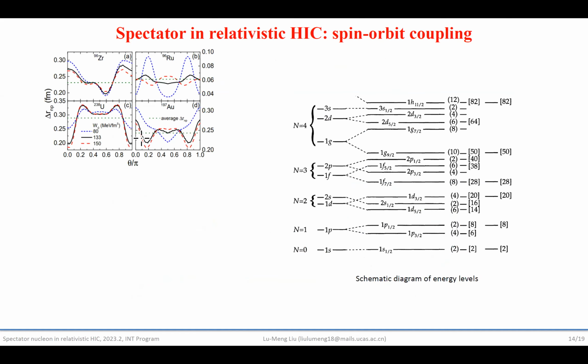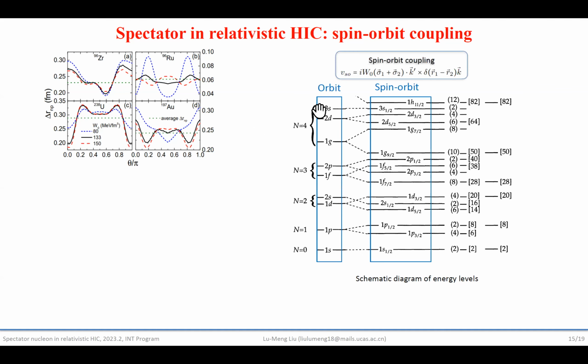For the reason why spin-orbit coupling affects the distribution of the neutron skin, we think it is that the nuclear spin-orbit coupling affects the outermost nucleons in the nucleus. Here is a simple diagram of the energy level: this is the energy level without spin-orbit coupling, and this is the energy level considering spin-orbit coupling. Let's use ruthenium for a simple illustration here.